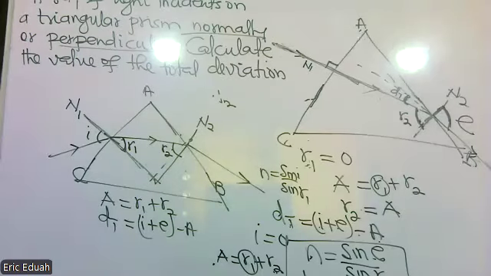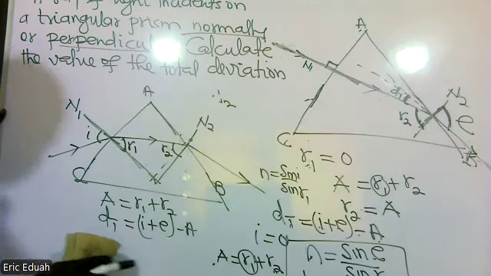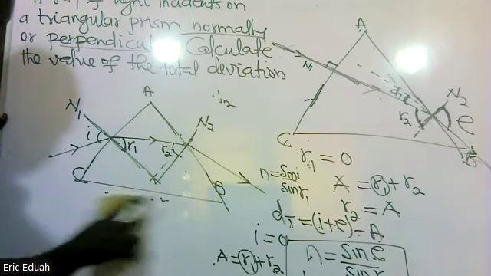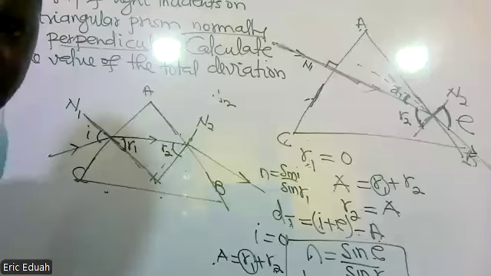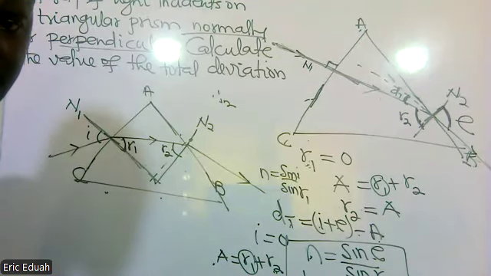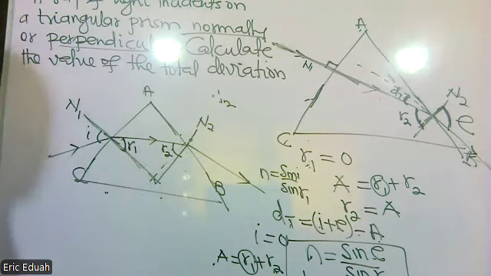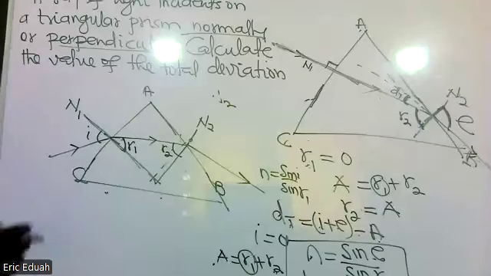Come again. So in the previous lesson, I said when I is equal to 0, the ray will go through the prism undeflected, undeviated. Then D2 will be equal to E plus A. Is that D2?